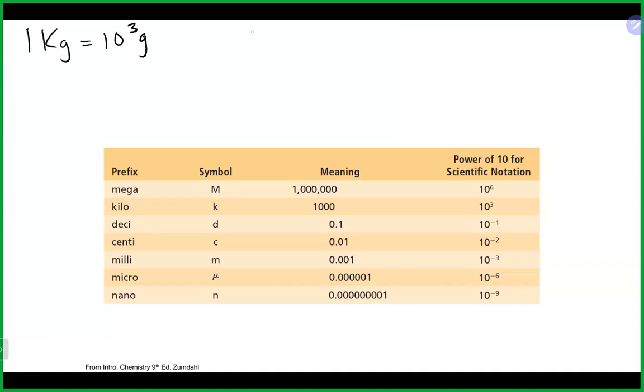And let's just say we had, we'll do milligrams. 1 milligram is 10 to the minus 3 grams. Both of these things, as I mentioned before, are what are known as equalities.